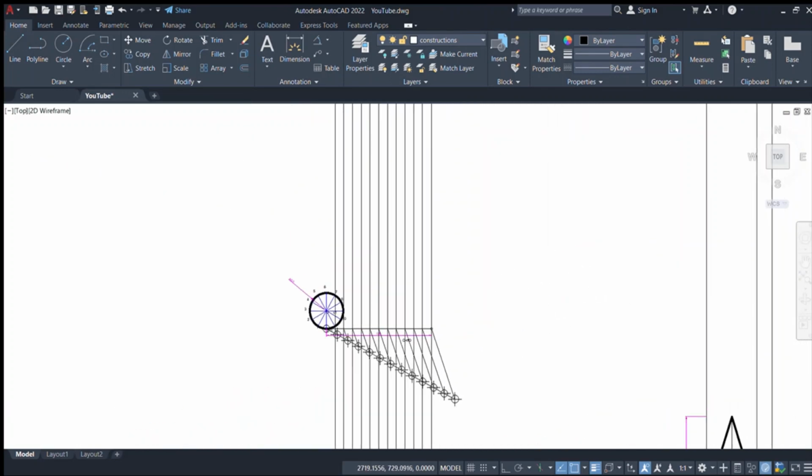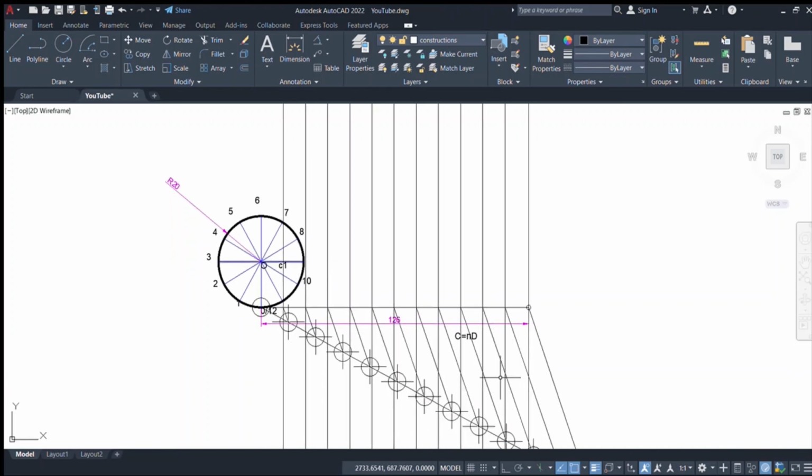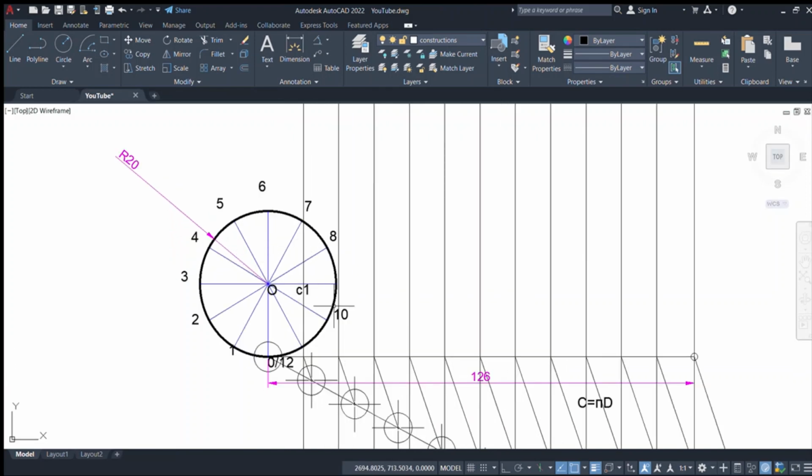So from each of the points on our circle, let's again draw horizontal lines.